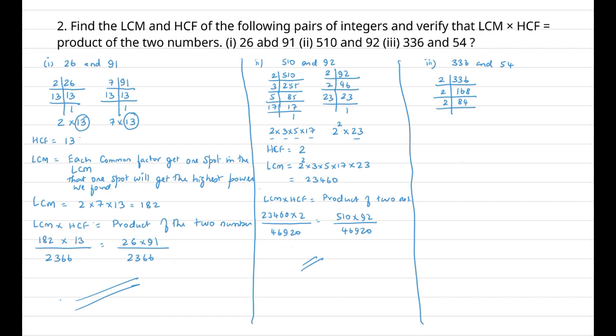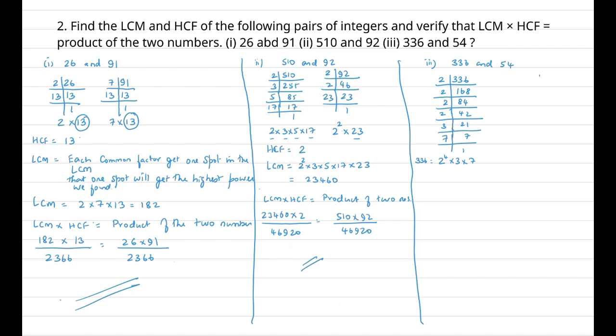Again by 2, 42. Again by 2, 21. 21 is divisible by 3, then 7, and 7 is a prime number. So 336 equals 2 to the power 4 into 3 into 7.